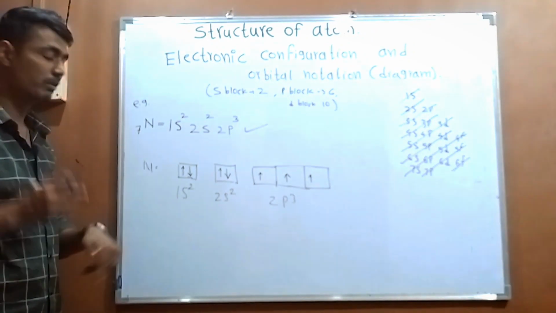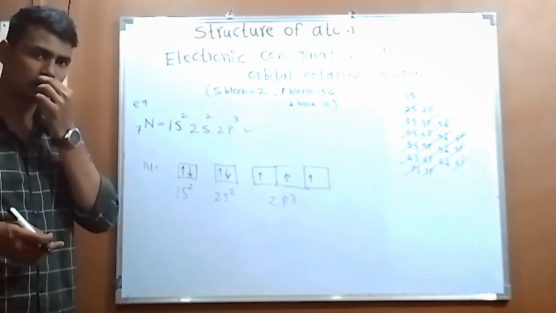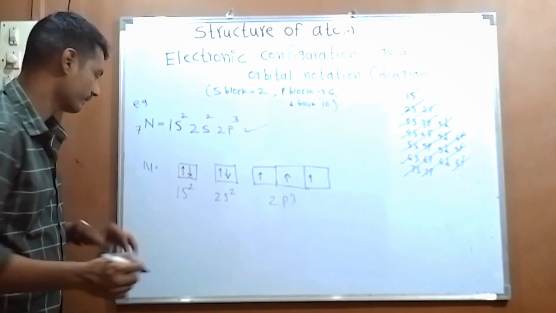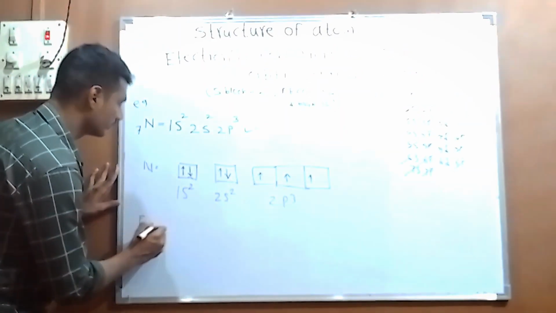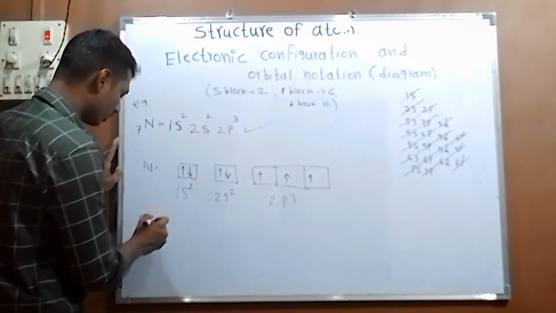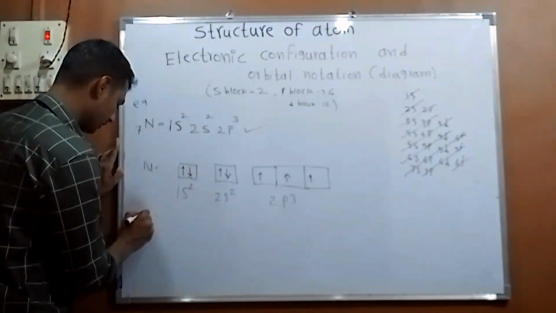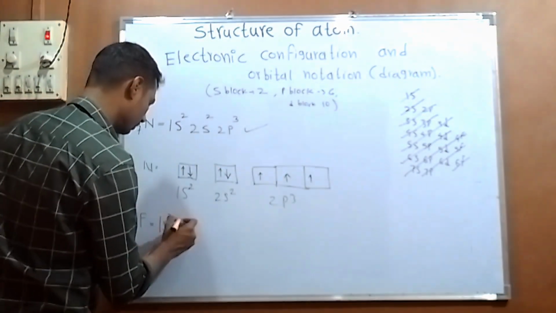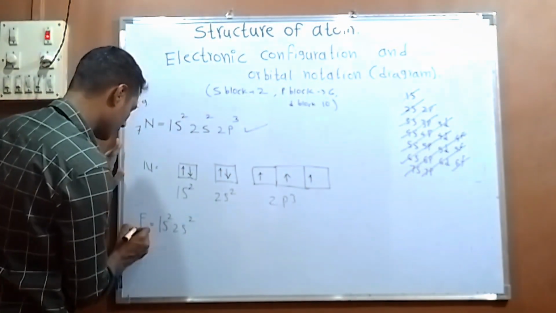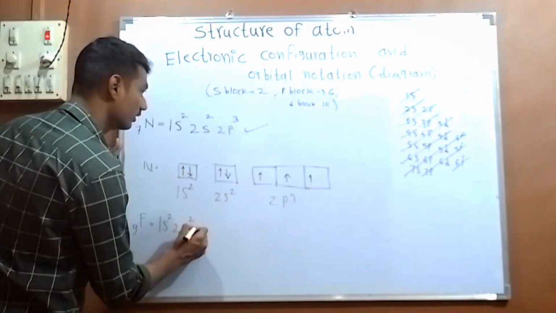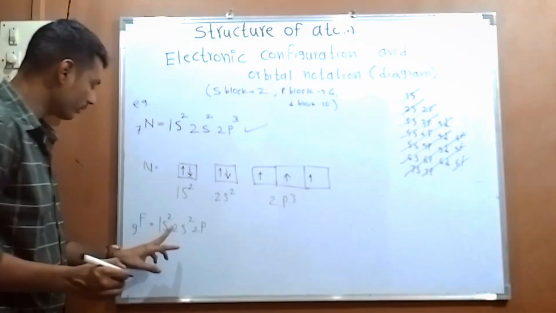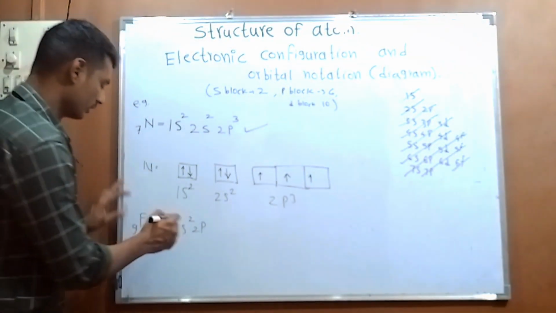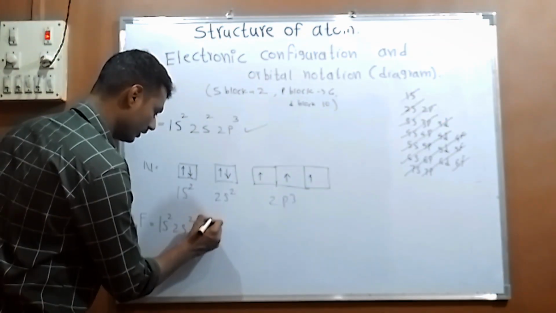Okay, we will take one more example so you can understand the concept more precisely. After nitrogen and oxygen, let's take an example of fluorine. I am writing the electron configuration of fluorine. What will it be? 1s2, then 2s2, fluorine's atomic number is 9, then 2p. 2 plus 2 is 4, and how many remain? 5.